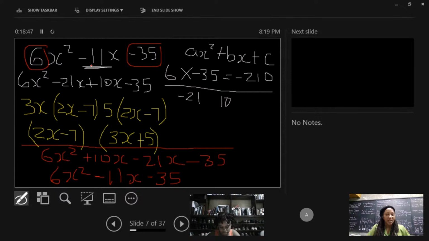So the next step is to replace the negative 11x by negative 21x and positive 10x. And then we group these two terms and factorize them. Pull out the common factor to the front and divide each term by the common factor and write what's left.